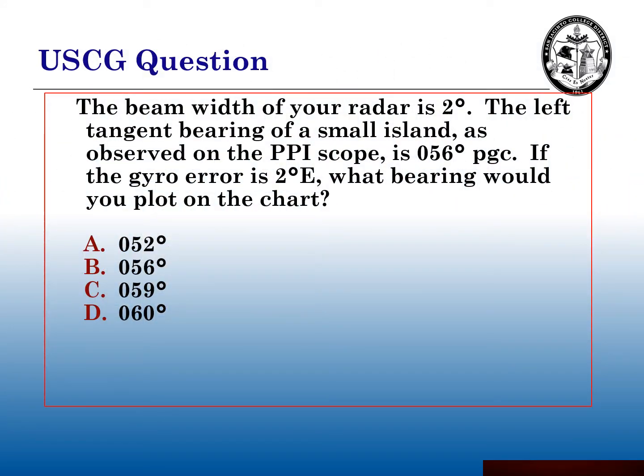So let's look at an actual Coast Guard question. It states the beam width of your radar is 2 degrees. The left tangent bearing of a small island, as observed on your planned position indicator scope, is 0.56 degrees per gyro compass. If the gyro error is 2 degrees east, what bearing would you plot on your chart?